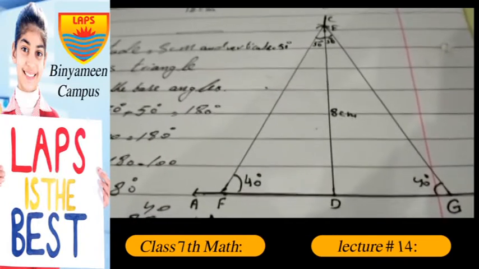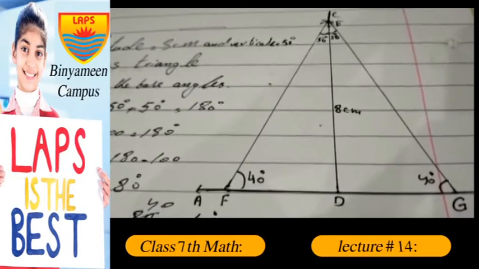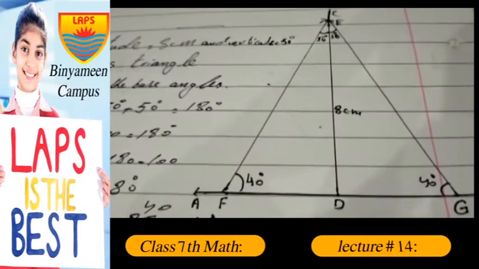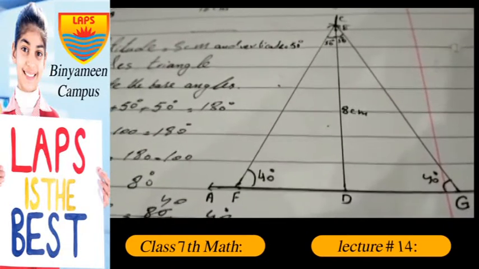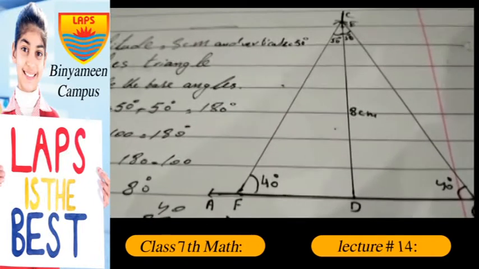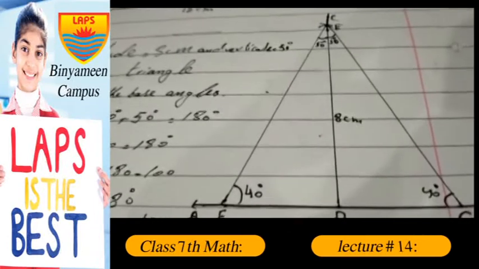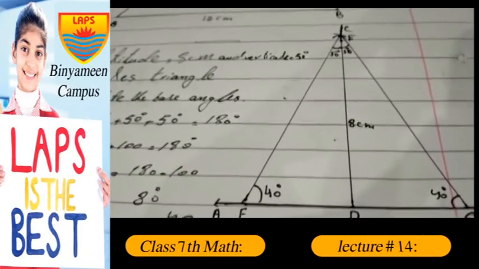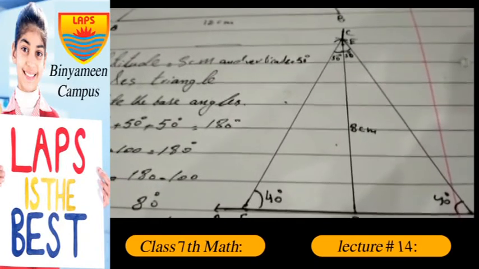Step 4, with D as a center, draw an arc of radius 8 cm so that it intersects CD at point E. And step 5, construct angle DEF is equal to 50 degree and angle DEG is equal to 50 degree. So triangle EFG is the required isosceles triangle.